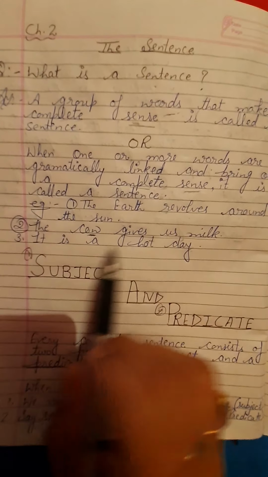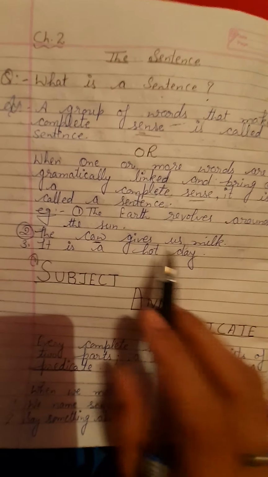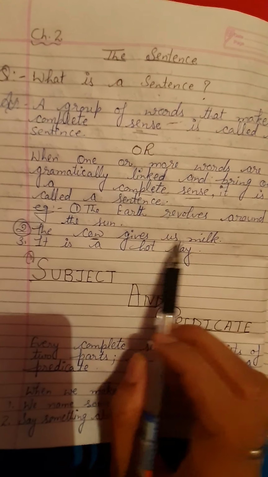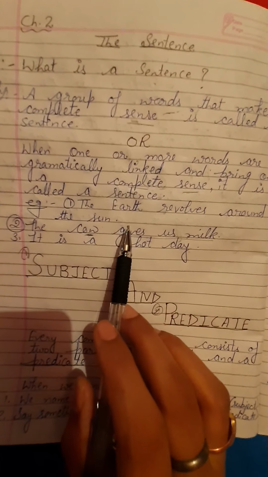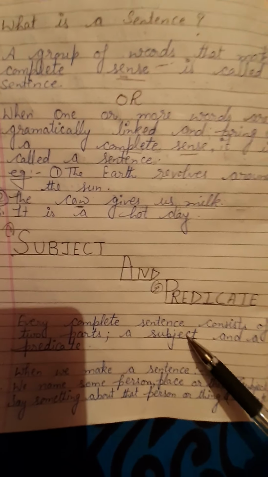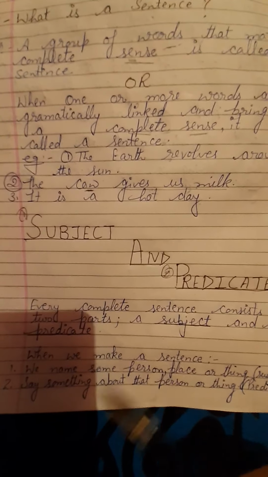In this sentence also, it is divided into two parts, subject and predicate. So we have to judge which words are subject and which words are predicate. For determining this, we have to study about subject and predicate. Every complete sentence consists of two parts, a subject and a predicate.